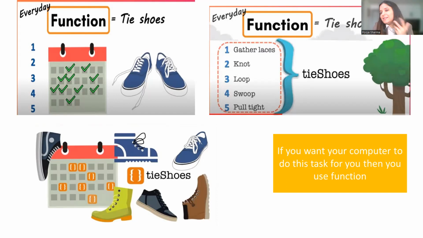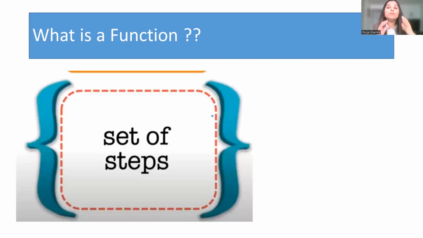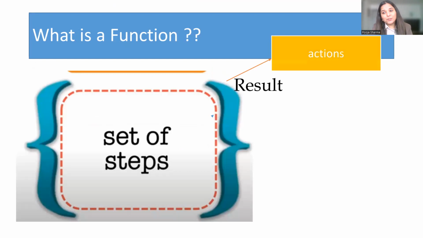Now let's understand what a function is. As per our previous discussion, a function is basically a block in which we have a set of steps, and that block results in an action. The action there was tying your shoes.